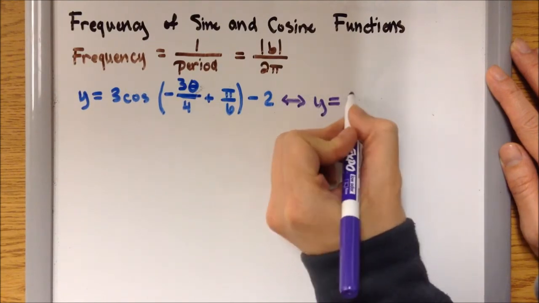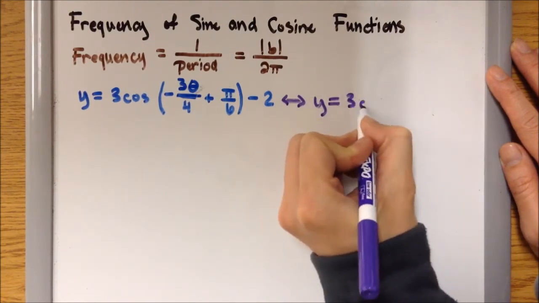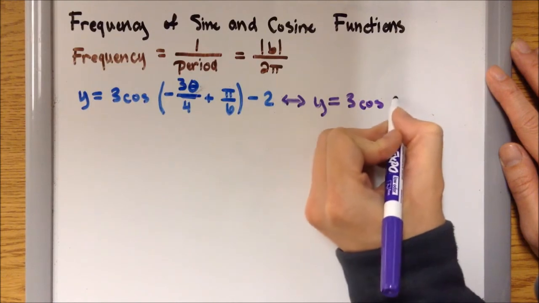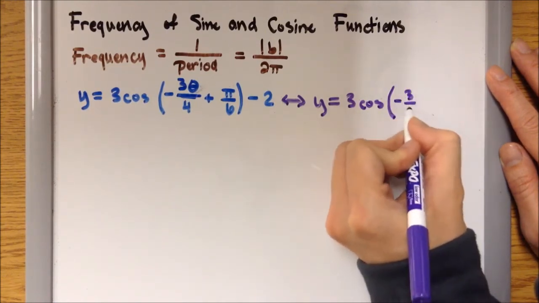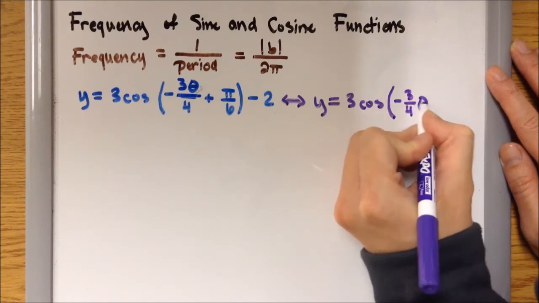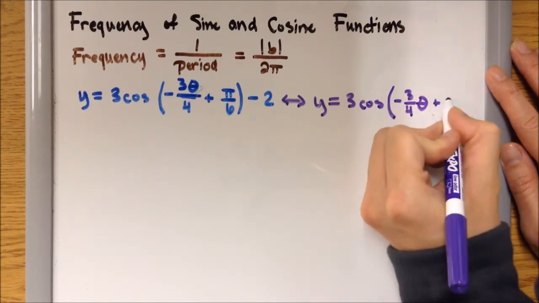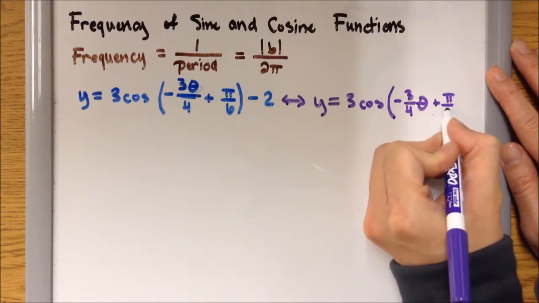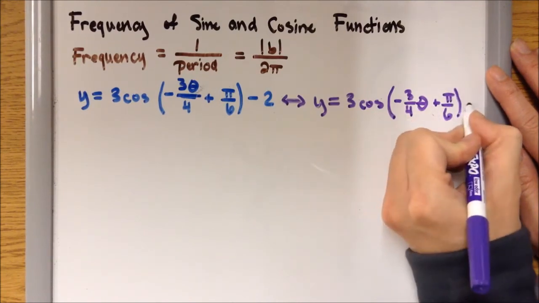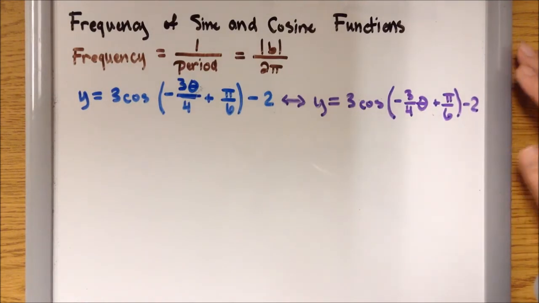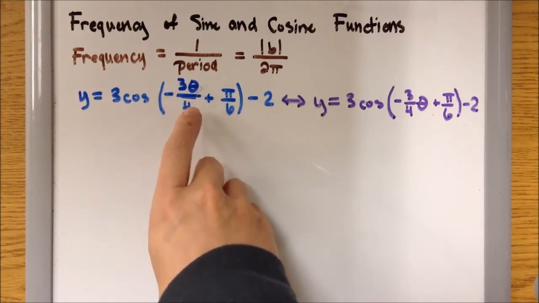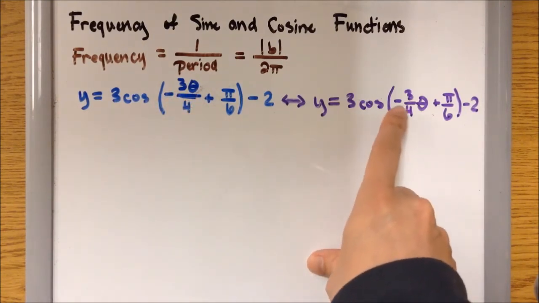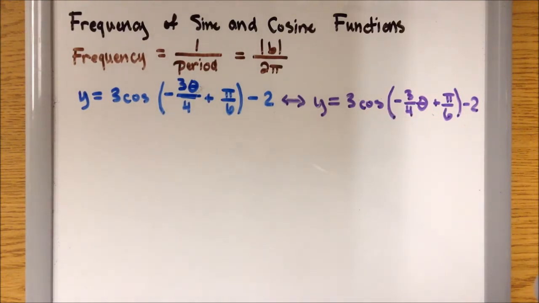But if you don't, then you can rewrite it as 3 cosine of negative 3/4 theta plus pi over 6, then minus 2. So all I did was just factor away the fraction. So if it's negative 3 theta over 4, I factor it as negative 3/4 times theta.